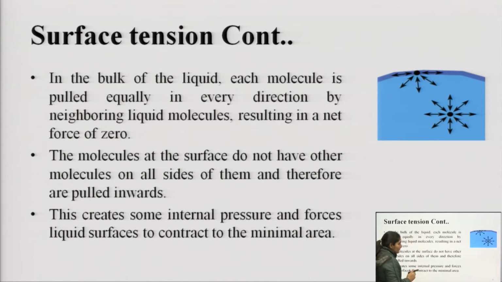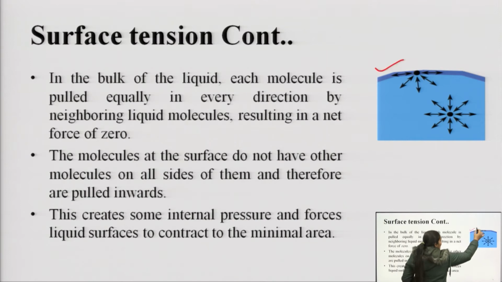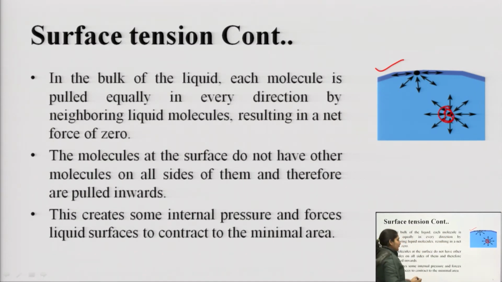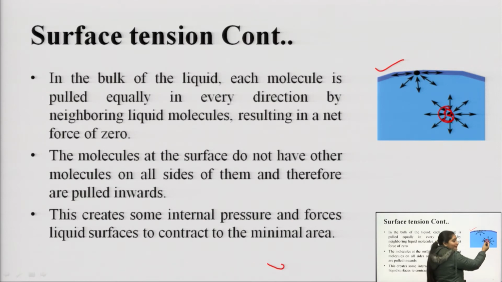See, we have an example. This is the bulk of the liquid, and we can represent it by molecule B. In the bulk of the liquid, each molecule is pulled equally in every direction by neighboring liquid molecules, that is, by cohesive forces.